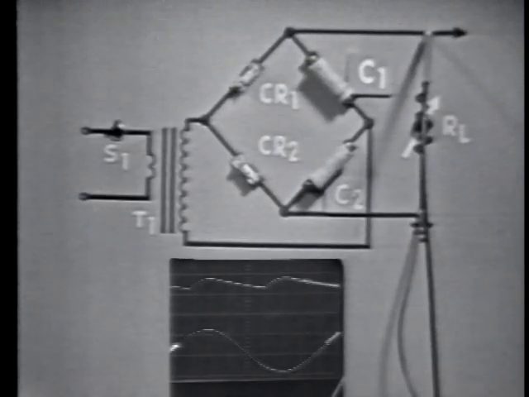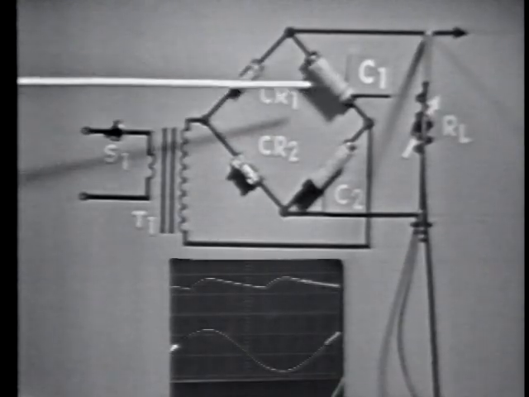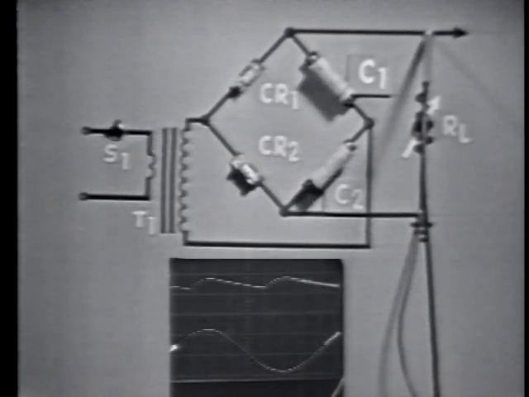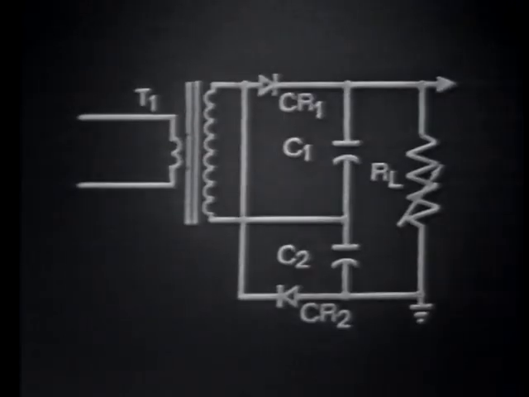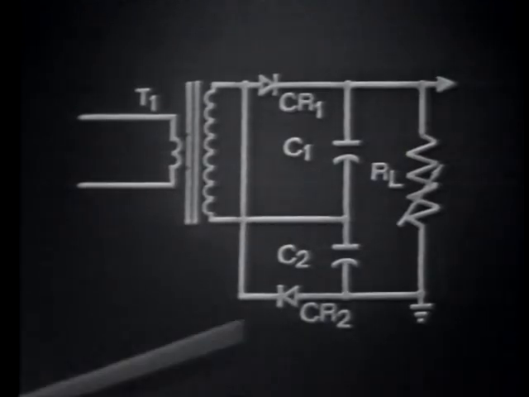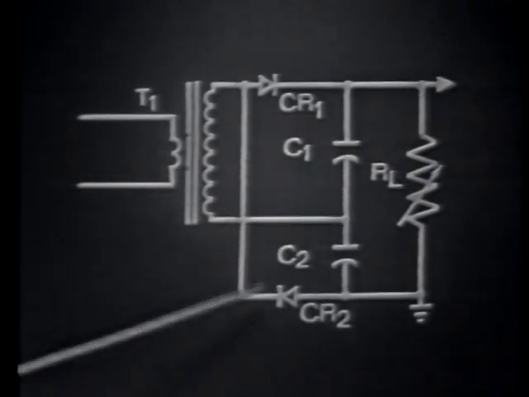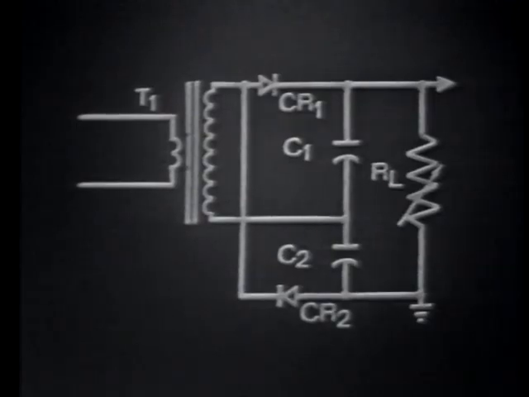So what we've accomplished by placing these 2 capacitors in series, C1 and C2, is change the operation of the circuit from a bridge rectifier to a voltage doubler. A more common way of drawing the voltage doubler circuit is shown here. This arrangement shows that the voltages of C1 and C2 will add since they're placed in series with each other.